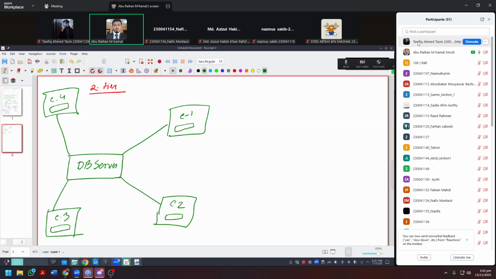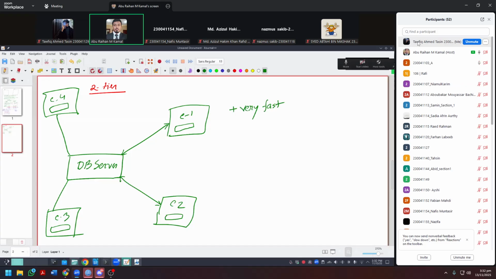In old days, back in 2006, 2007, we had to configure our system in this way. Now, the positive side of this architecture is that it is directly talking to the server. All communication is directly to the server, so it is very fast.